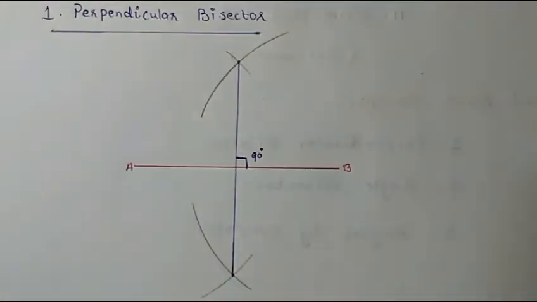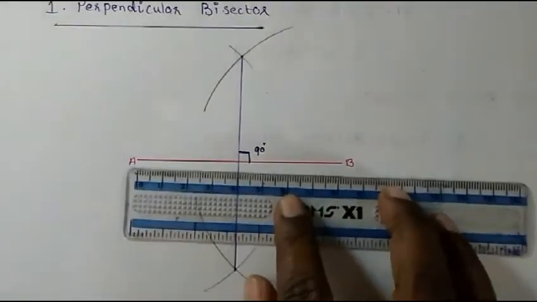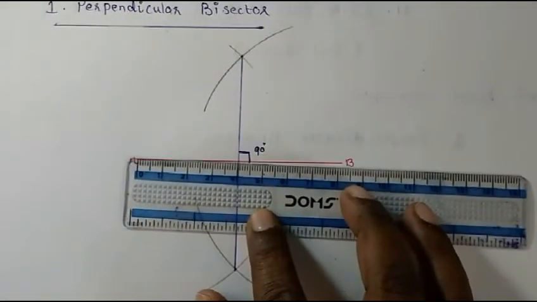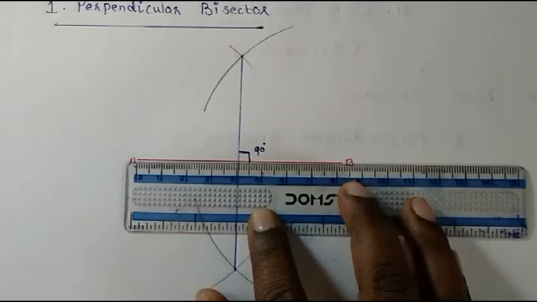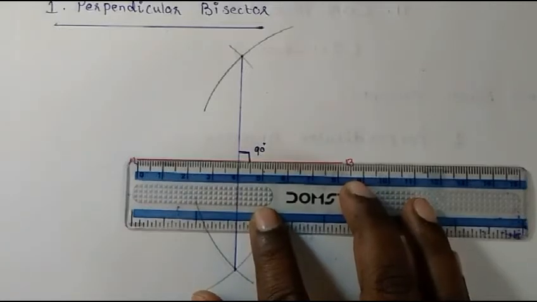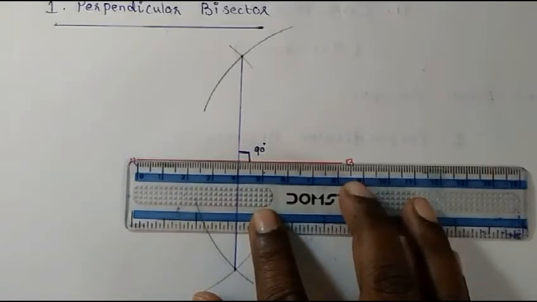So if you want to check it, you can verify. Let's see what this line segment measurement is. It is 8.2. Okay, so let's see how it is divided now.